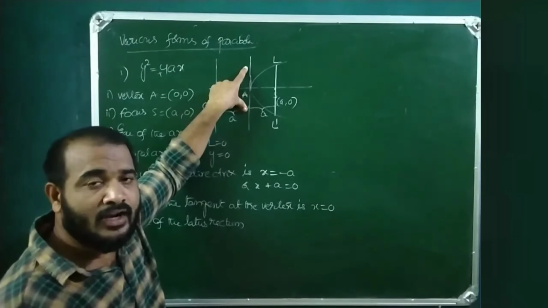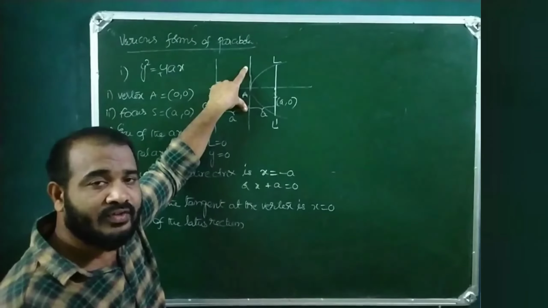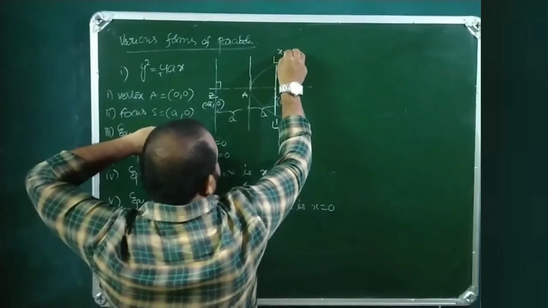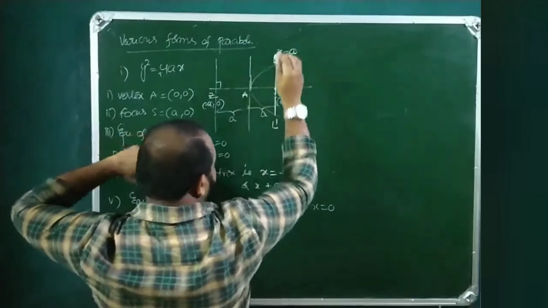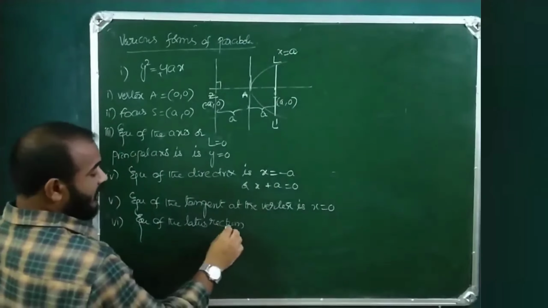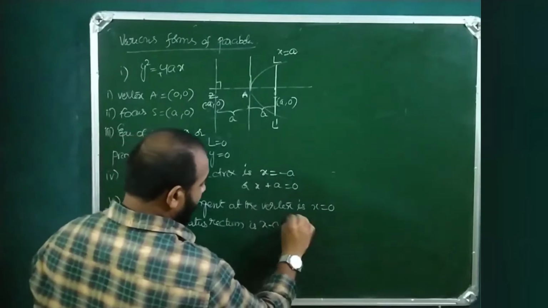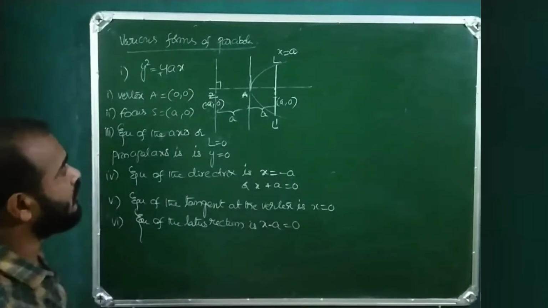Any line which is parallel to the y-axis is of the form x equals to something. So x equals to a. The equation of the latus rectum is x equals to a, or x minus a equals to 0.